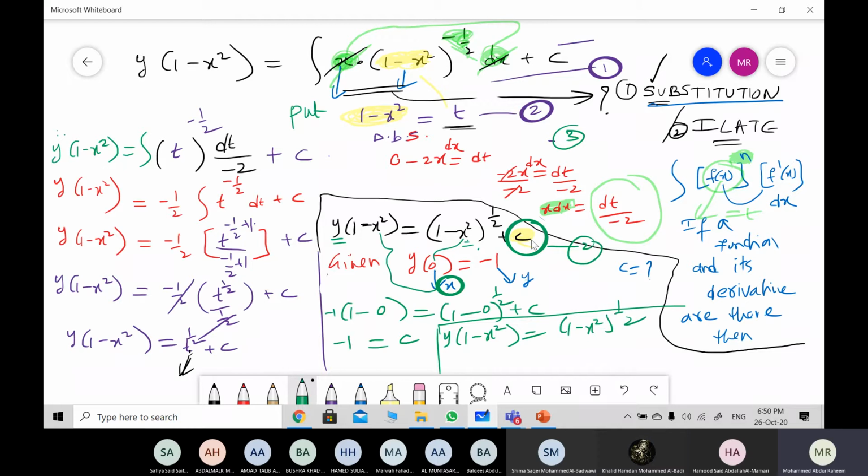Substitution is itself a topic. This substitution is only finding the C value by writing the X value and Y value. It is more than the solution itself.